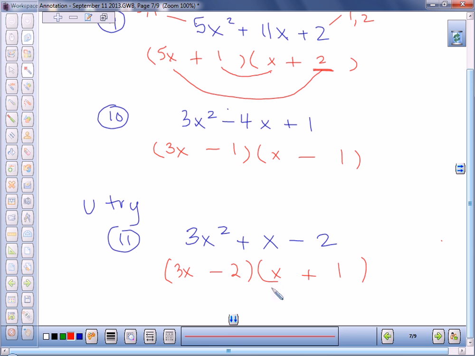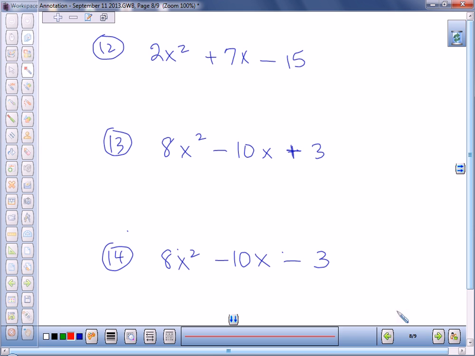All right, so now let's do ones that are not prime. Okay, so my example 12. 2 is prime. My leading coefficient is prime. But the constant is not prime. It has a couple different factor pairs.